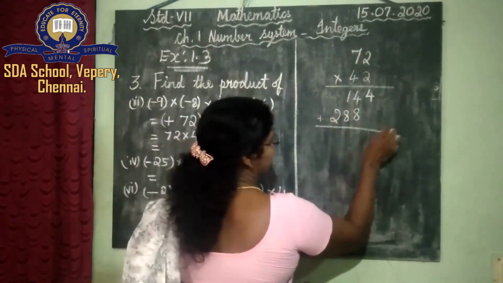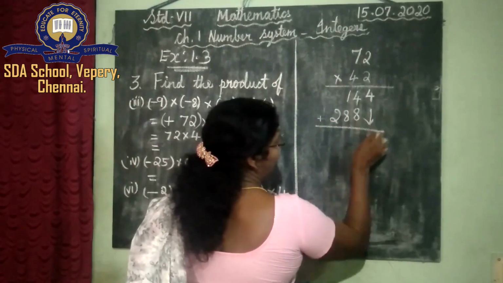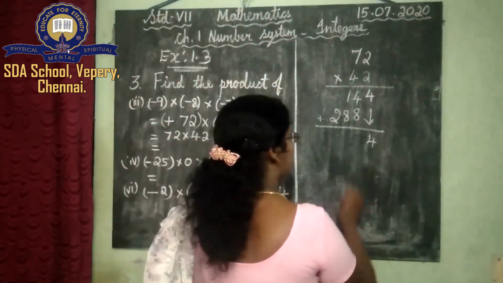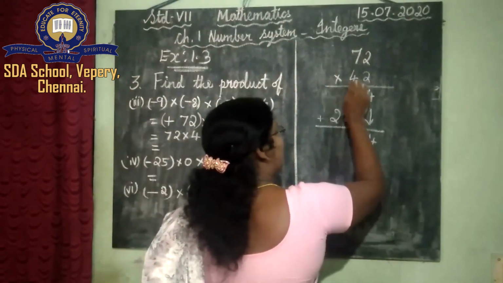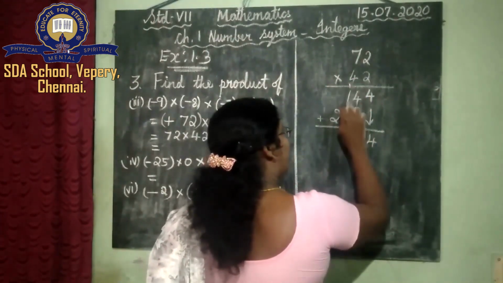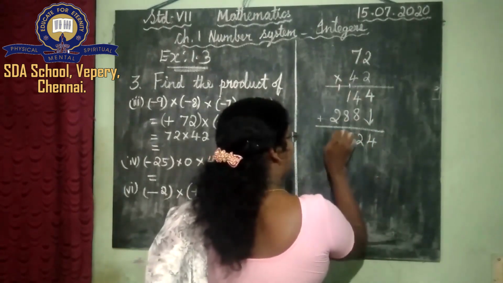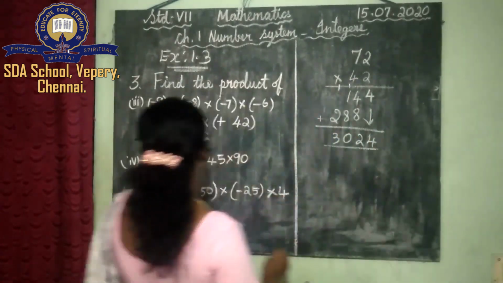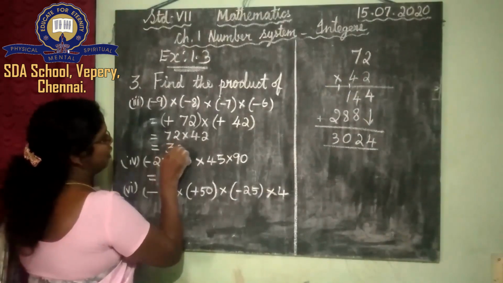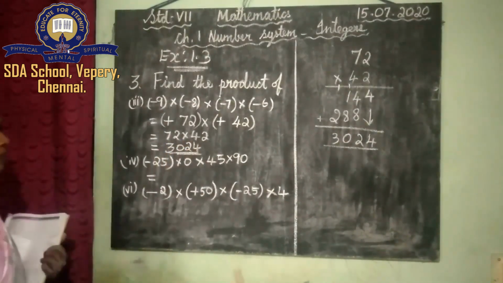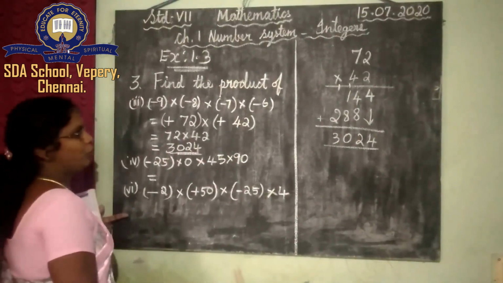Now I am going to add this both. So here 4, 8 plus 4 or 4 plus 8 is 12. 1 here, 1 plus 1 2, 2 plus 8 10, and 1 here, 1 plus 2 is 3. So my answer is 3024.